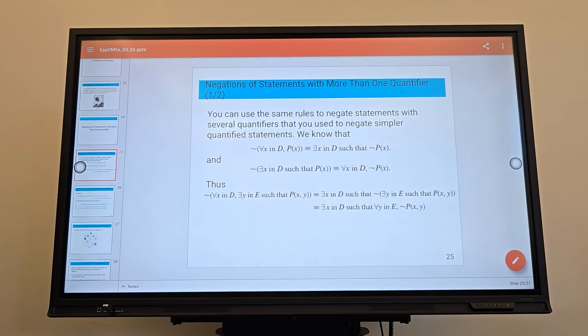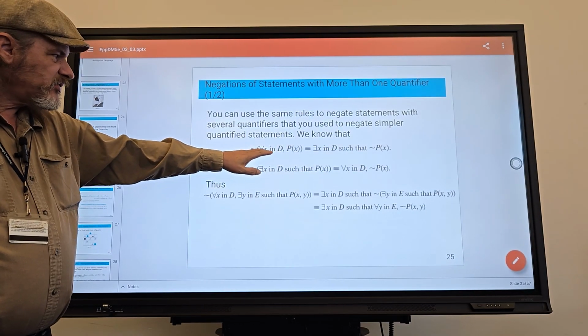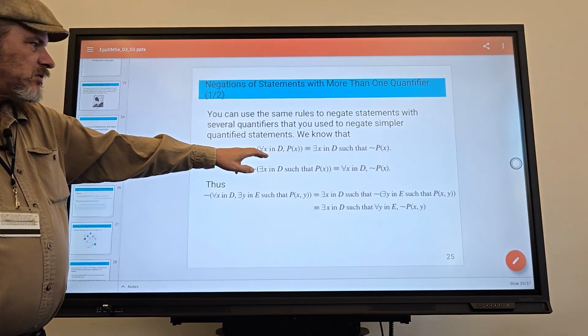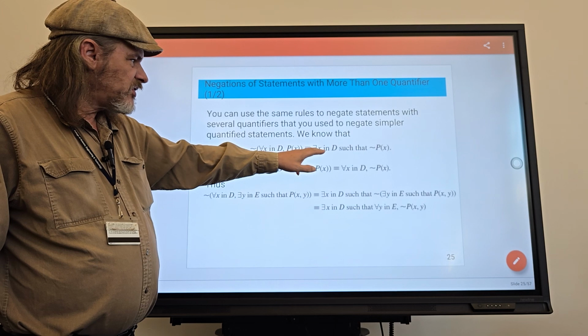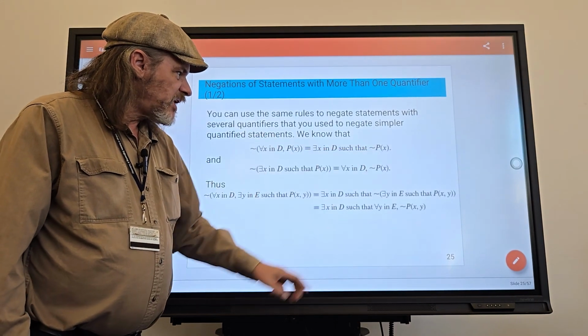Negations of statements with more than one quantifier. You can use the same rules to negate statements with several quantifiers that you use to negate simpler quantified statements. For example, the negation of for all x in D, P of x is there exists an x in D such that not P of x.